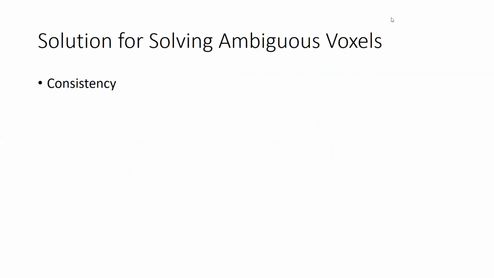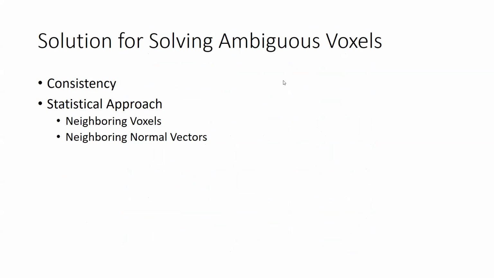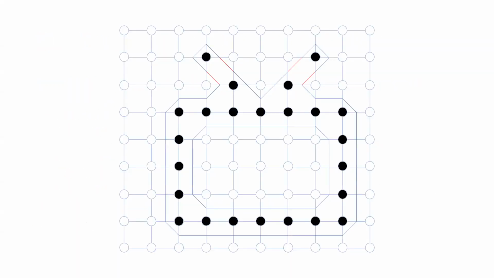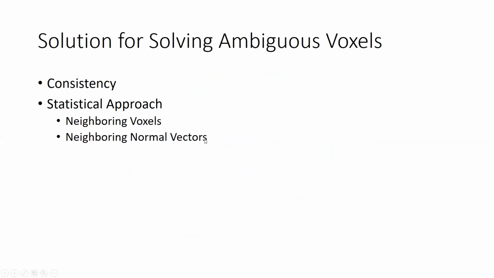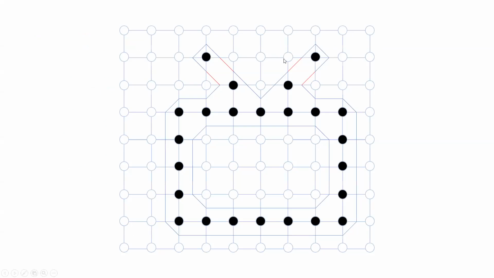So there are some solutions that people suggest. One is consistency, which we'll talk about later, for example, if you have a surface, how do you project onwards? And some statistical approaches, like looking at neighboring voxels or normal vectors, as in you take them from the surface. Is this surface actually going down like this? Is it more natural for these normals to proceed on, or is it not?